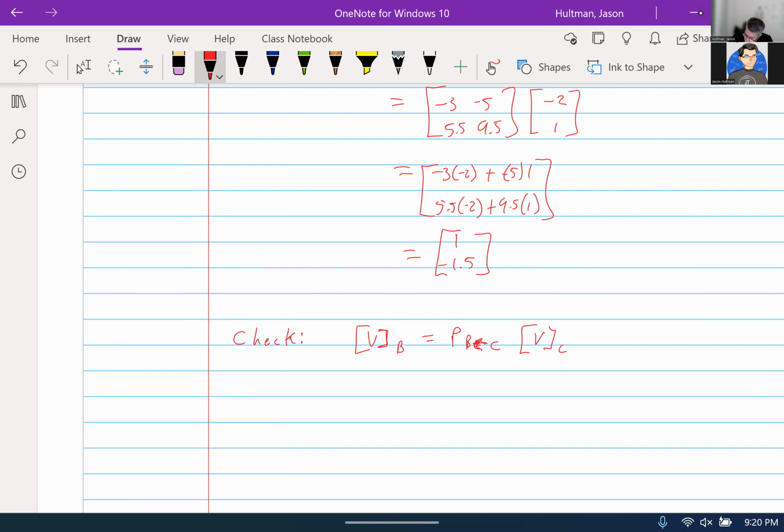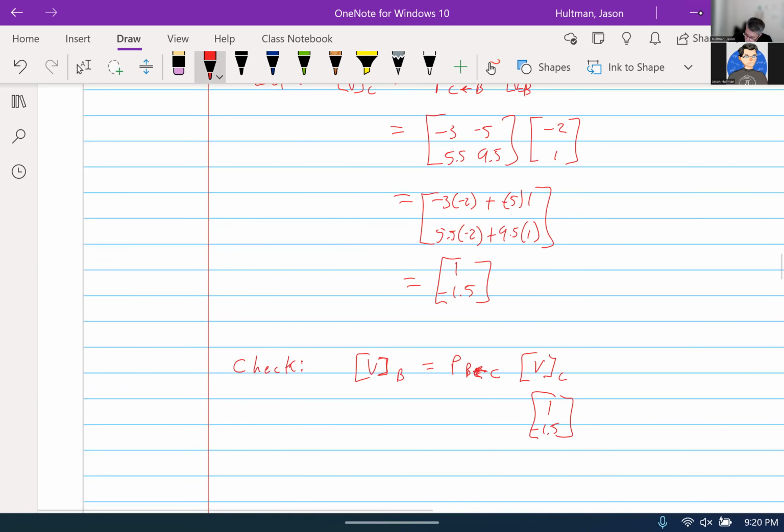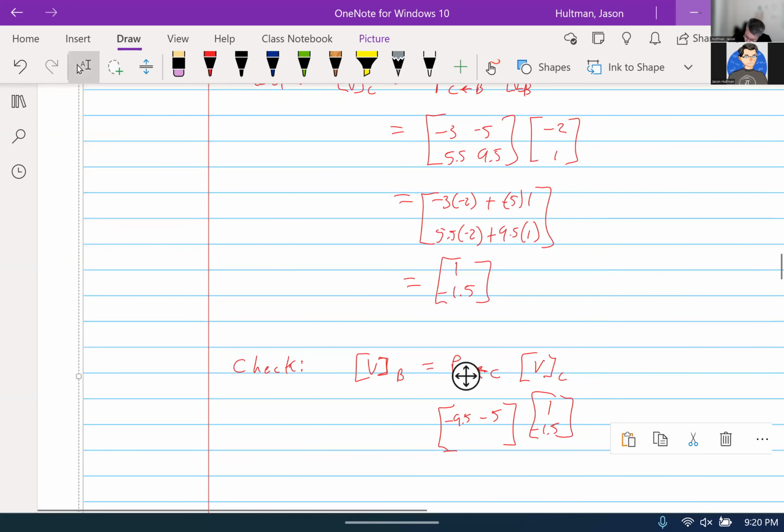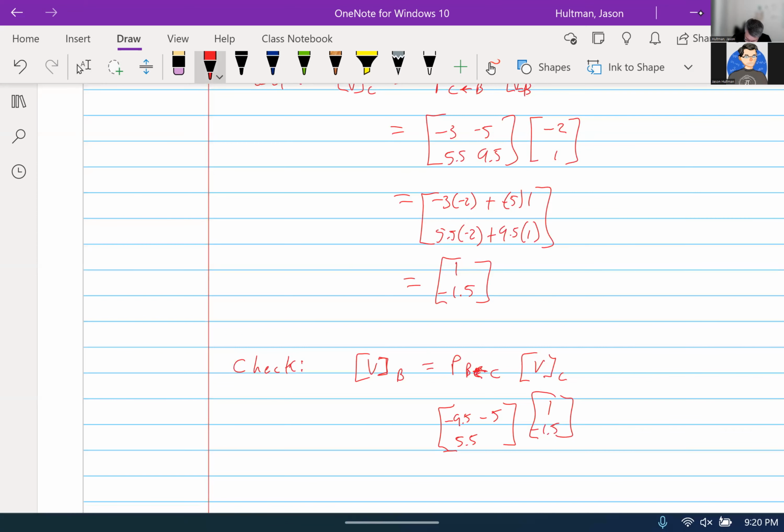We know what V of C is, it's right above us: [1, -1.5]. Can I get V of B out by using the inverse matrix of the one above here? The inverse of that one was [-9.5, -5; 5.5, 3].